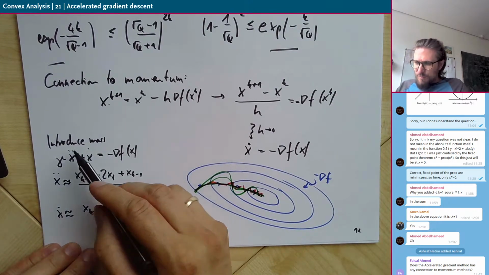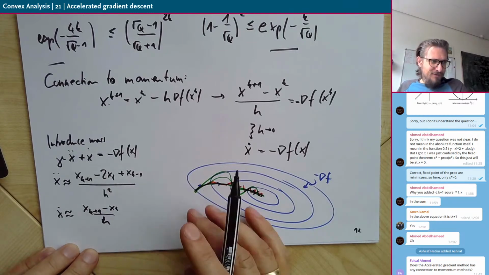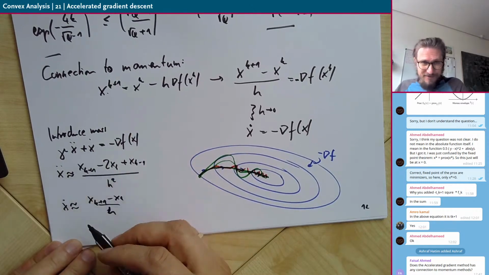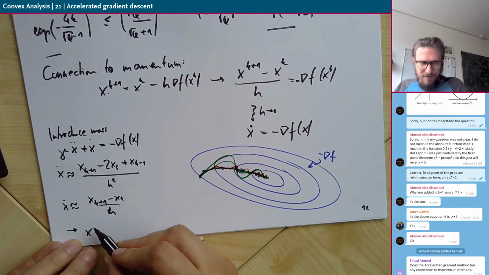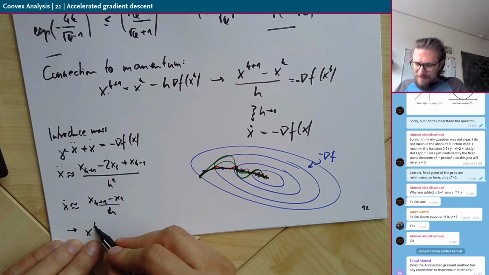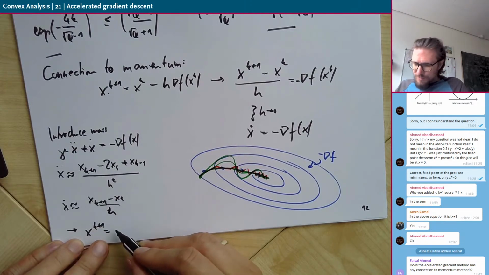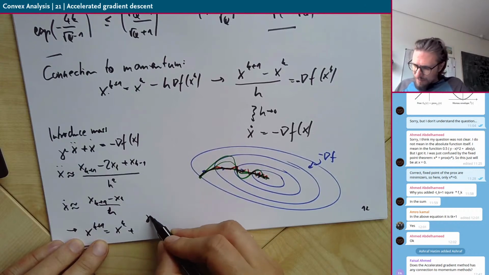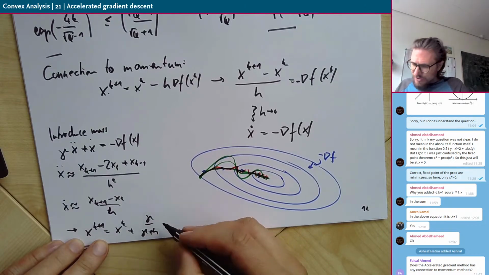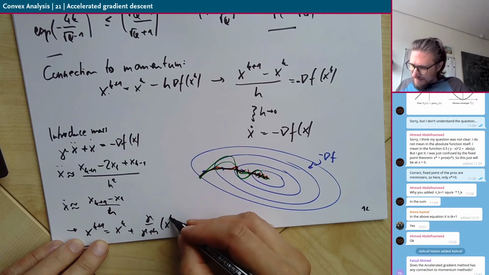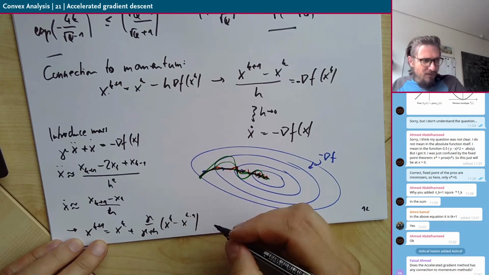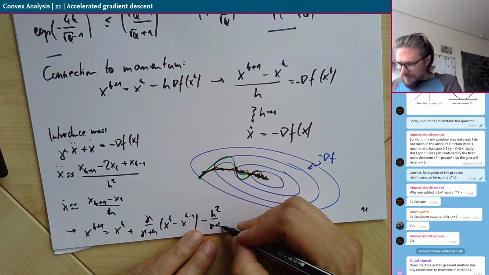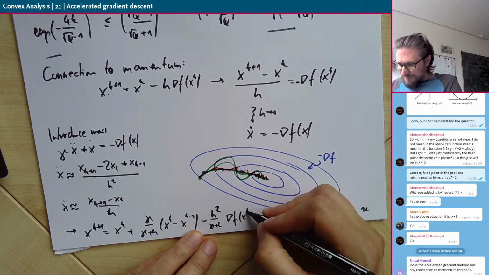If you plug both in here and solve for x_{k+1}, you end up with x_{k+1} equals, I think I have it correctly, x_k plus gamma over gamma plus h times (x_k minus x_{k-1}), minus h squared over gamma plus h times the gradient of f at x_k.